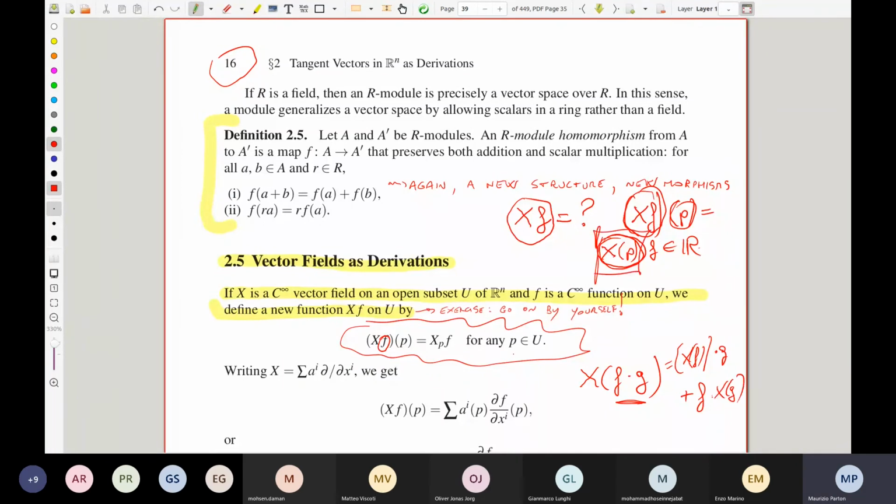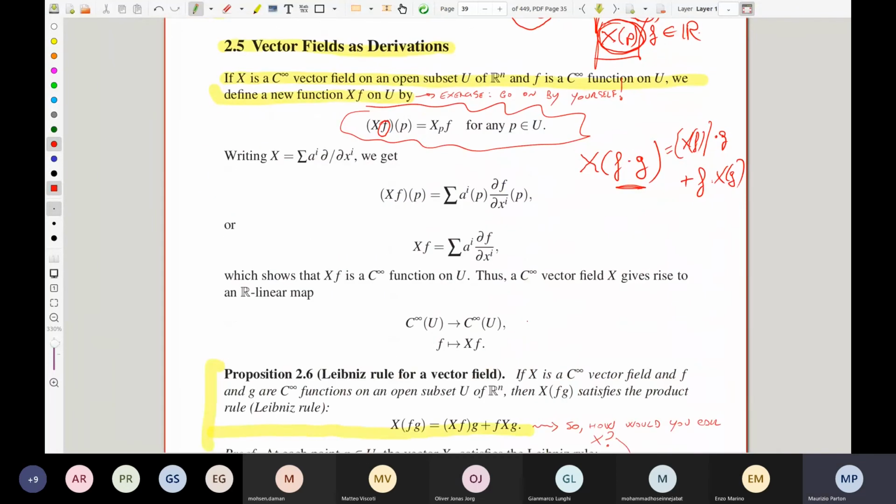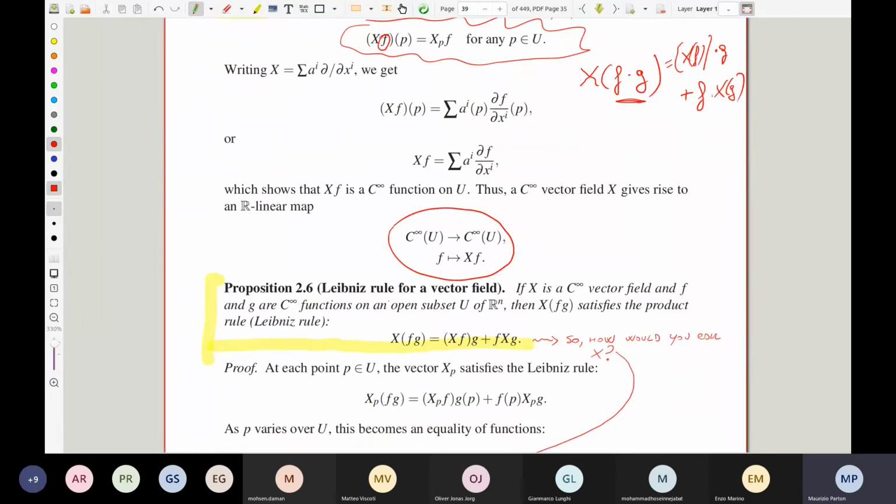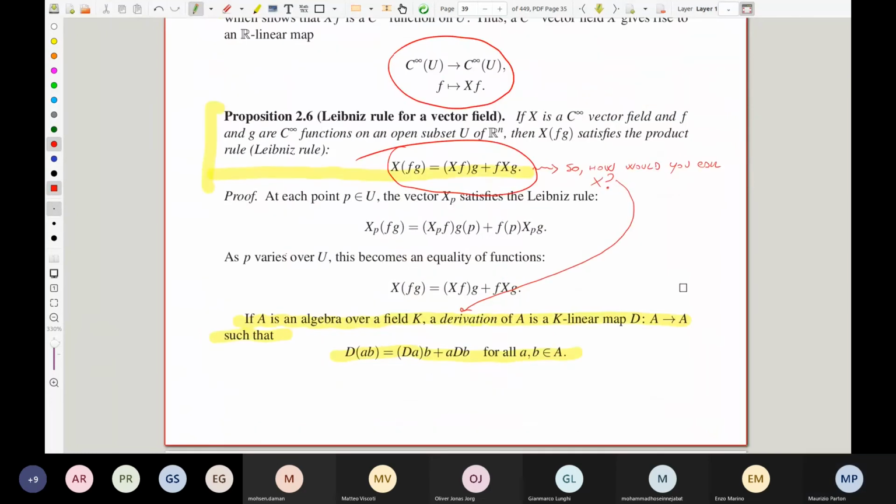So what does this mean? That we have this correspondence, and in this correspondence, the product of two functions satisfies this rule. That is a new derivative rule, right? And in general, you call derivation every map on an algebra, this is why I was telling you what an algebra is, just satisfying this product rule.